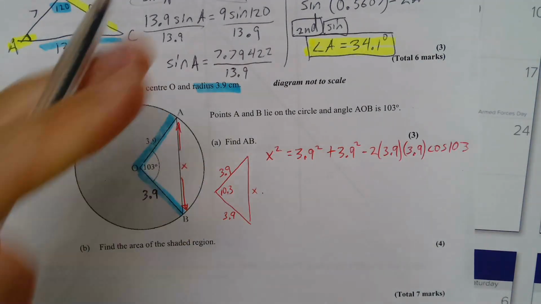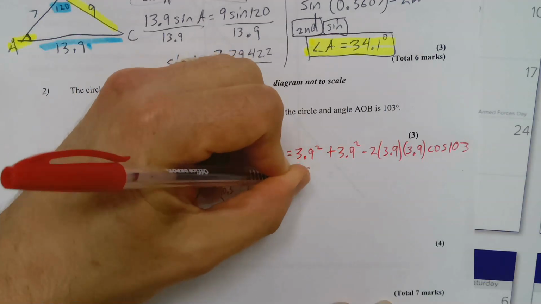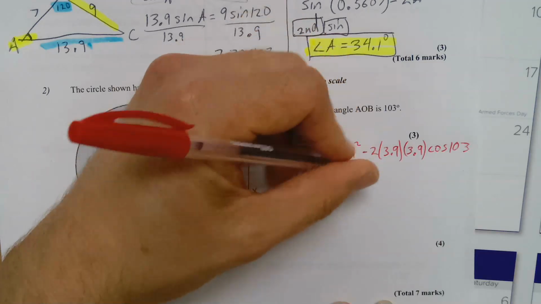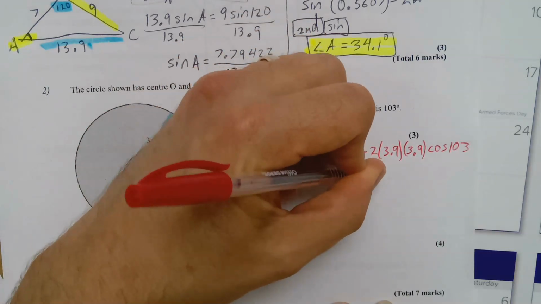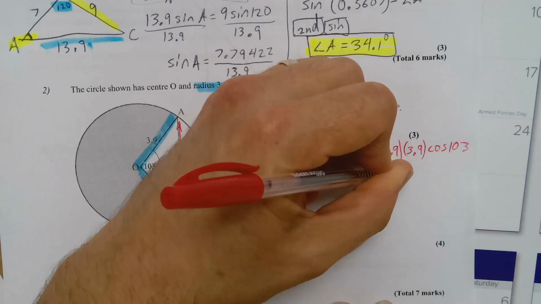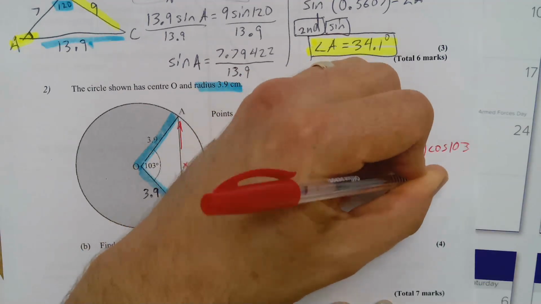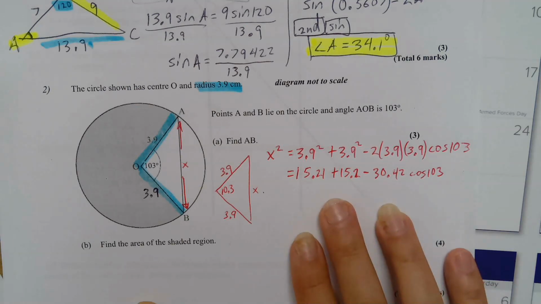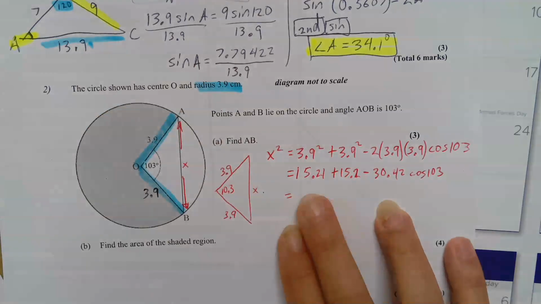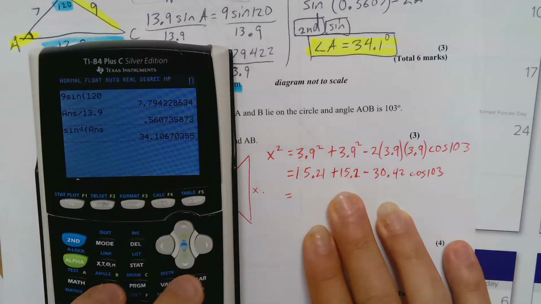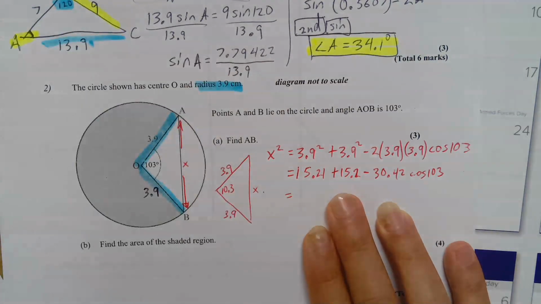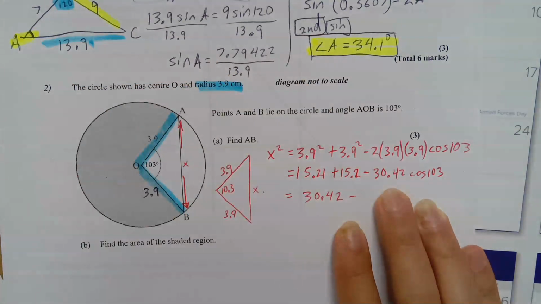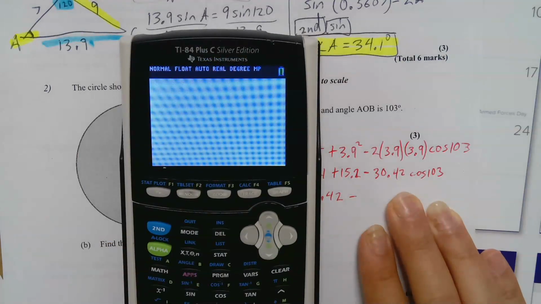Then I can type this into my calculator and I get 15.21 plus 15.21 minus 30.42 cosine 103. And so 15.21 plus 15.21 is going to give me 30.42. And then cosine 103.